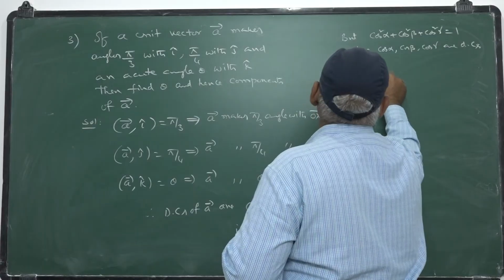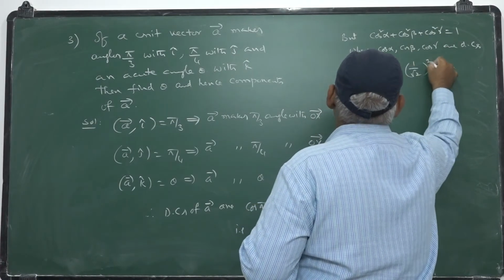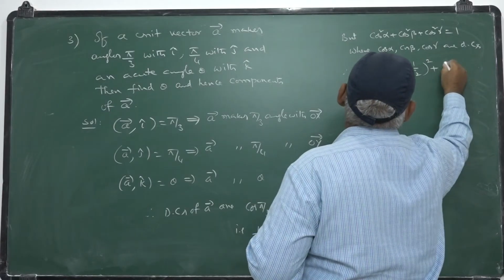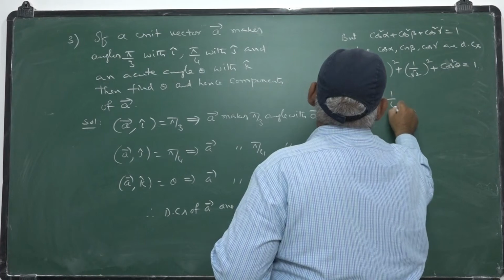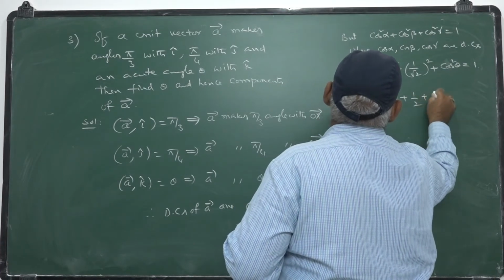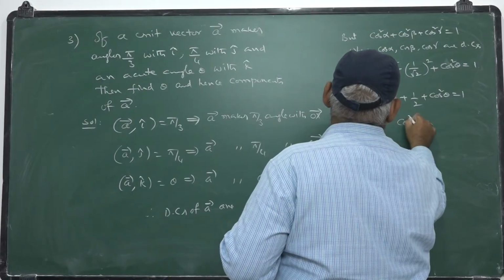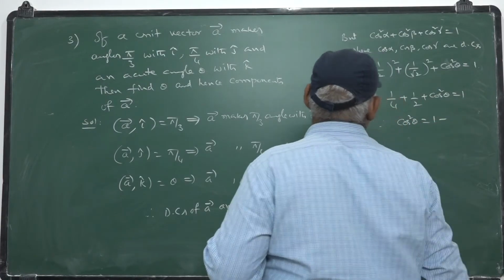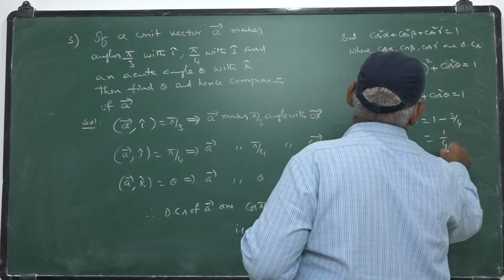Therefore, (1 by 2) square plus (1 by root 2) square plus cos square theta equal to 1. This is 1 by 4 plus 1 by 2 plus cos square theta equal to 1. Cos square theta takes the value 1 minus 3 by 4, that is 1 by 4.